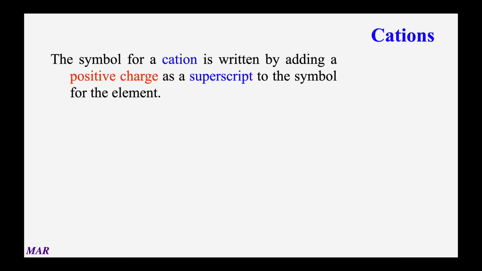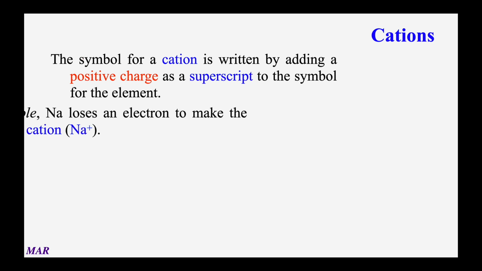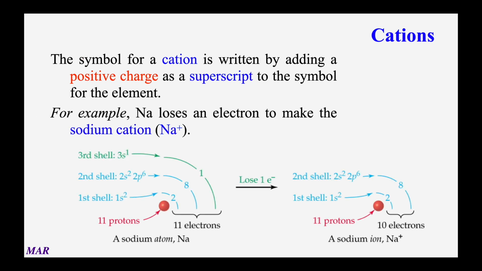The symbol for a cation is written by adding a positive charge as a superscript up in the right-hand corner of the element. So as an example of that, sodium likes to lose, we're going to see, one electron. And in the process of losing one electron, you can see in the lower right corner, it still has 11 protons. Remember, if you change the number of protons, you change the nature of the atom itself.